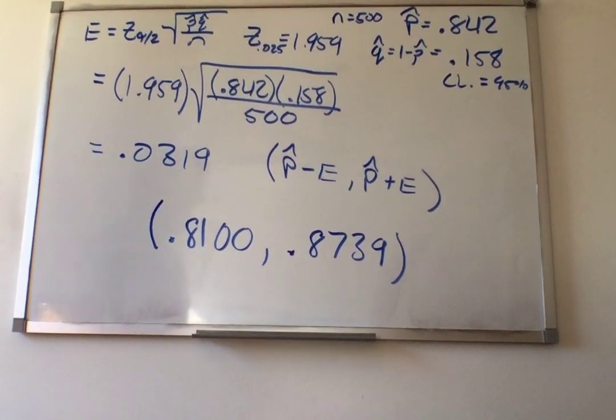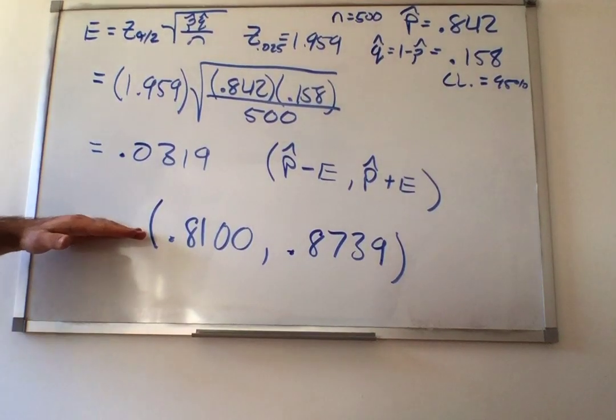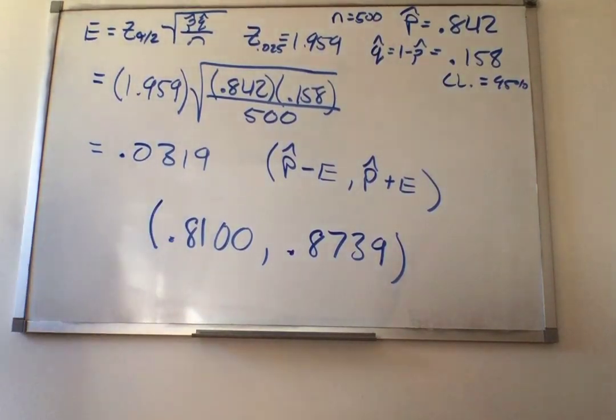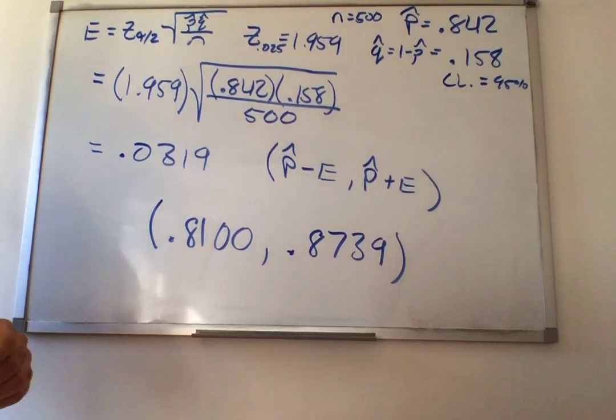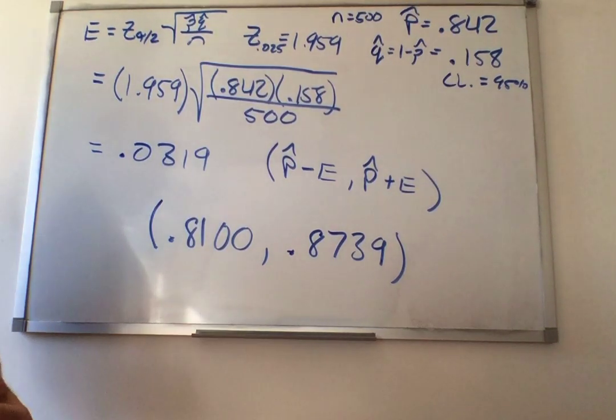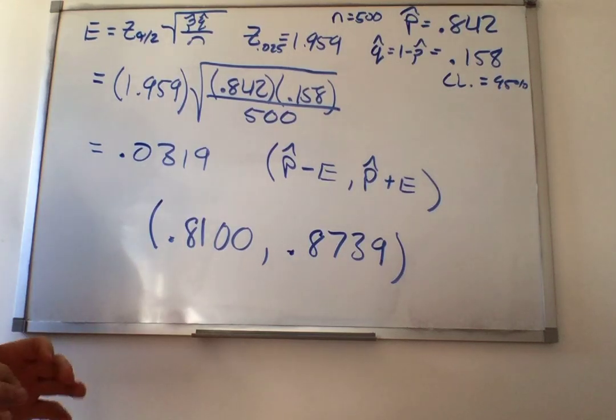So let's go ahead and talk about what this confidence interval means. We want to know the true population proportion of how many people own cell phones in this city. We take a sample of 500 people.